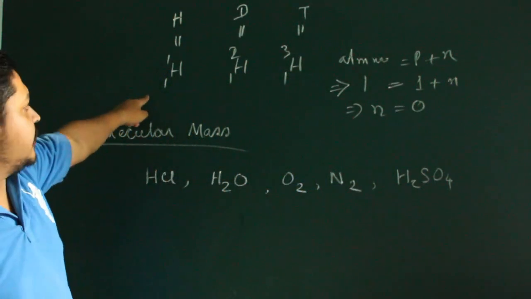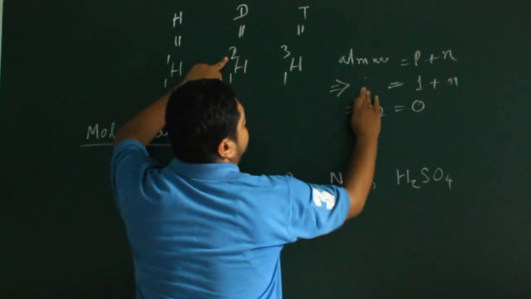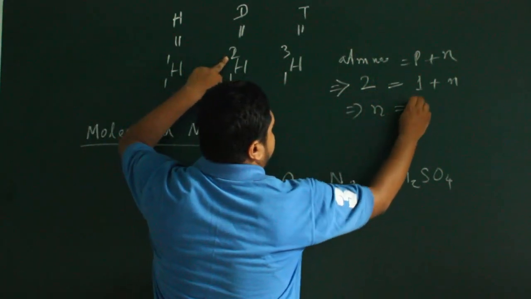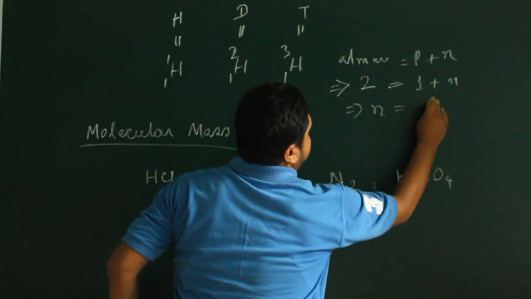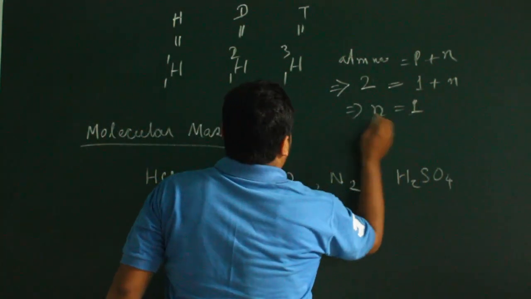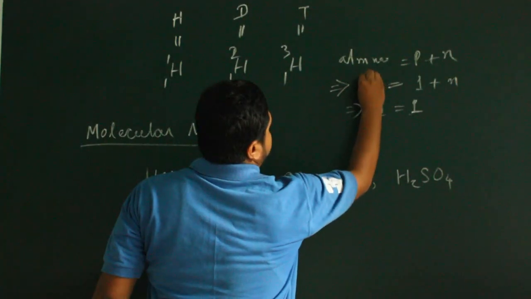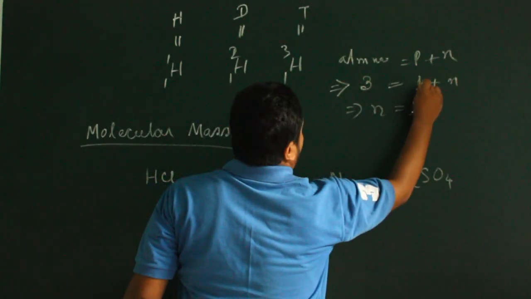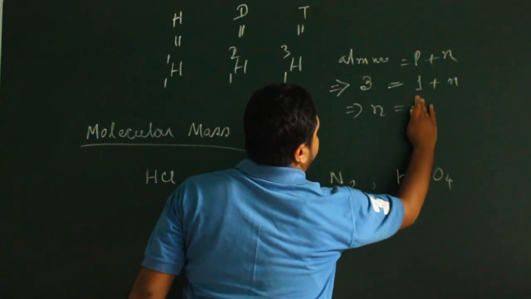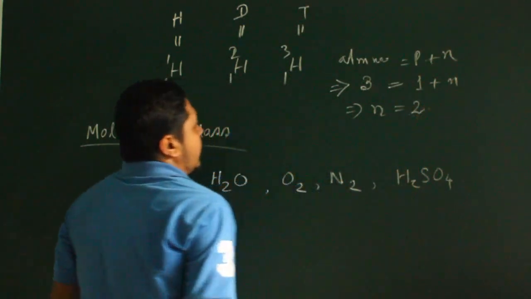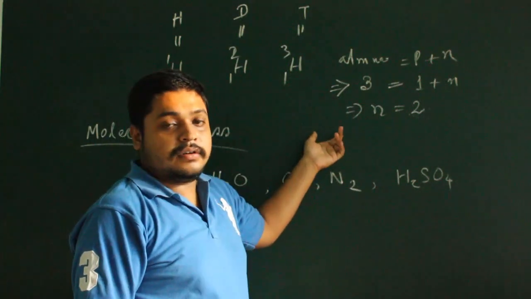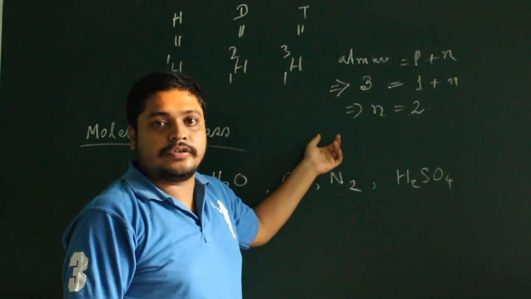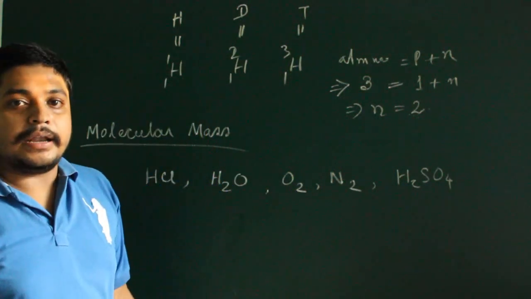In the second case, the atomic mass is 2, the atomic number is 1 and the number of neutrons is 1. In the third case, the atomic mass is 3, the number of protons is also 1 and the number of neutrons is 2. So isotopes arise due to the presence of different numbers of neutrons in the nucleus of an atom.